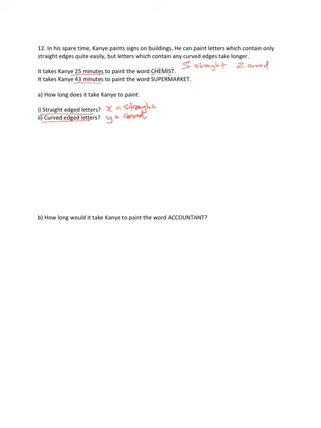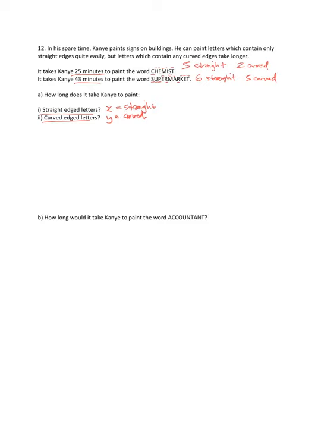Supermarket has 1, 2, 3, 4, 5, 6 straight. How many curved? 1, 2, 3, 4, 5. 5 curved letters. And that's where we get our equations from.